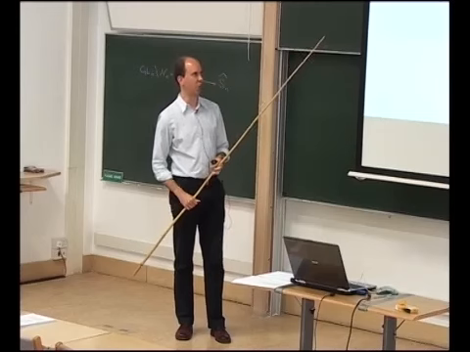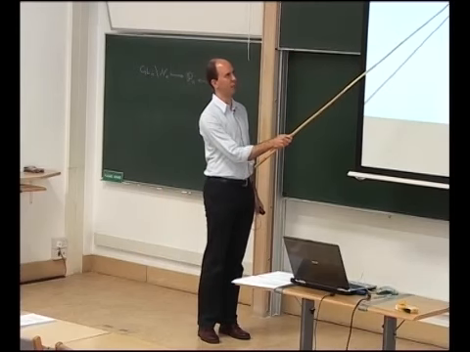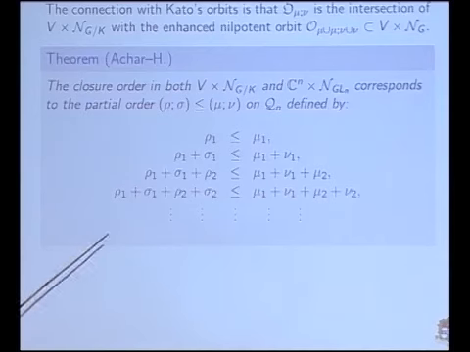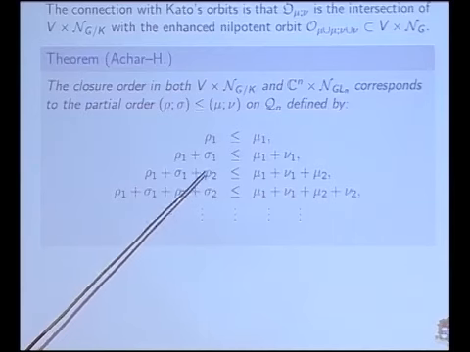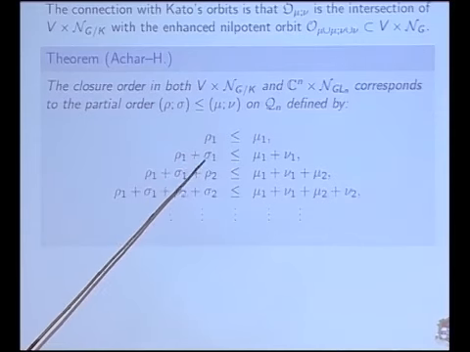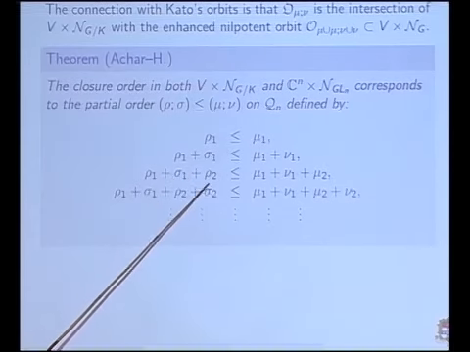It's a partial order which, in some sense, privileges the parts of the first partition over the parts of the second. Whereas in ordinary dominance of partitions, you have the first part of one partition less than or equal to the first part of the other, then the sum of the first two parts less than or equal to the sum of the first two parts of the other, and so on.